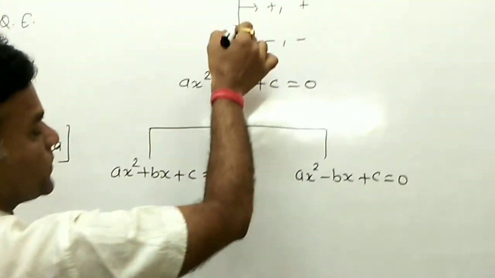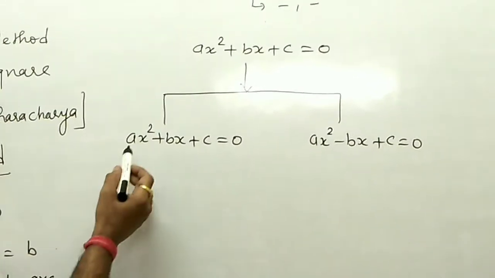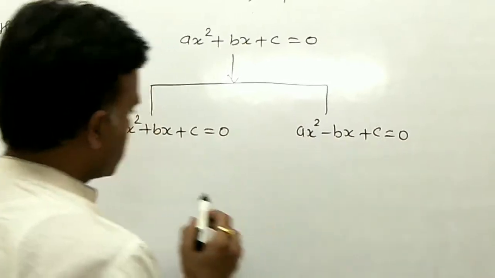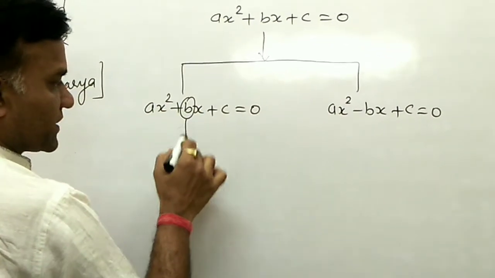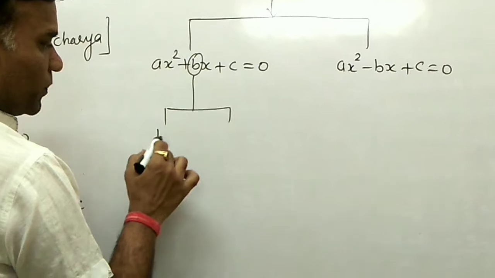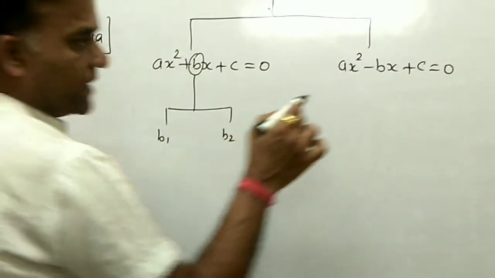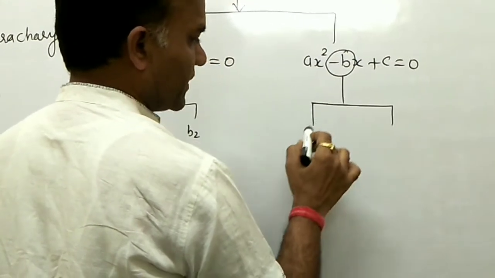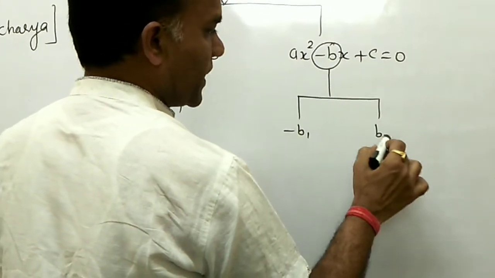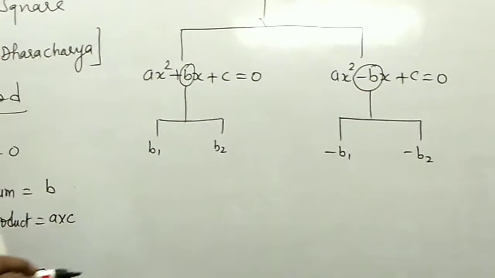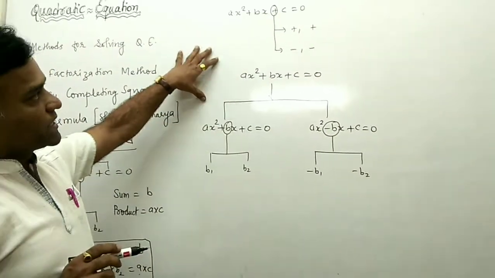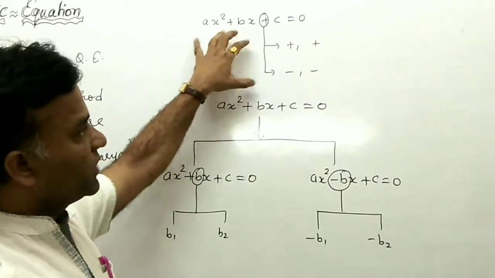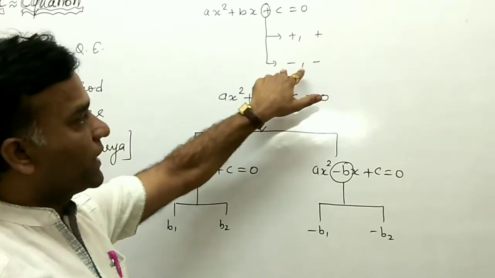If your constant term is positive, then there are two options: x square plus bx plus c equal to 0, or x square minus bx plus c equal to 0. Splitting this term, b1 and b2 are both positive. Similarly, the other requirement is minus b1 and minus b2, both numbers negative. So the first concept is clear according to the sign: if the last constant term is positive, then both the factors are positive or both the factors are negative.